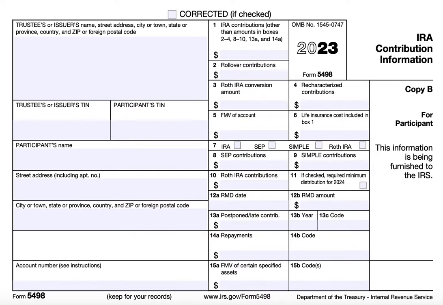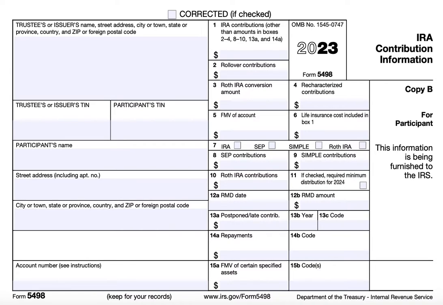These boxes would not include any contributions that you made in 2024 for the 2023 tax year. And if these contributions are made by your employer, do not deduct them on your tax return. If you made them as a self-employed person, then they may be tax deductible.